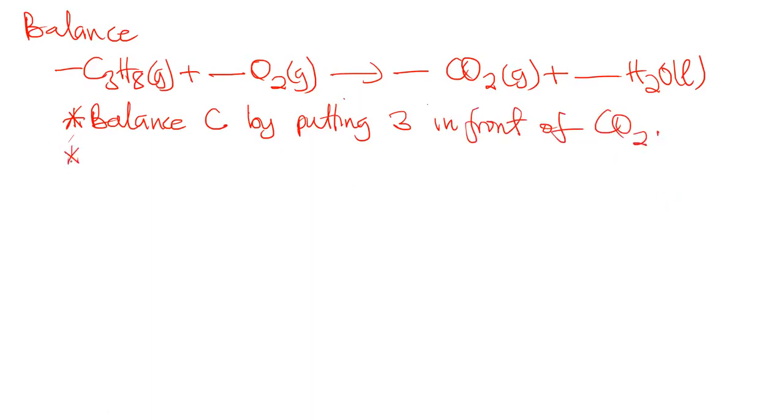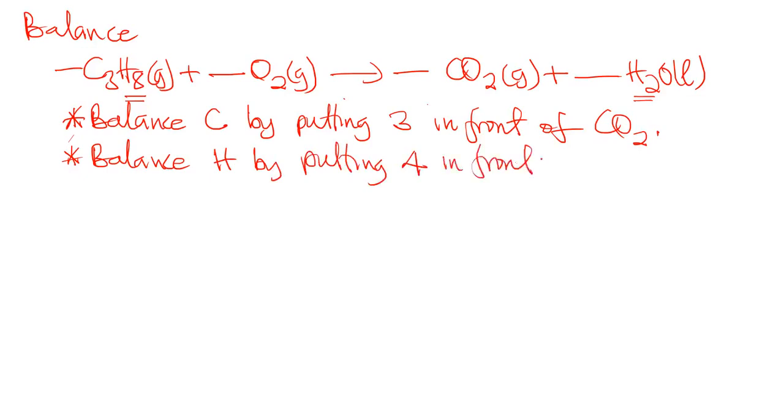And then after balancing C, the second part is you need to balance hydrogen. Here, this side, we have 8 hydrogen. Here we only have 2 hydrogen. So we need to have 8 hydrogen here also. So we balance H by putting 4 in front of water.